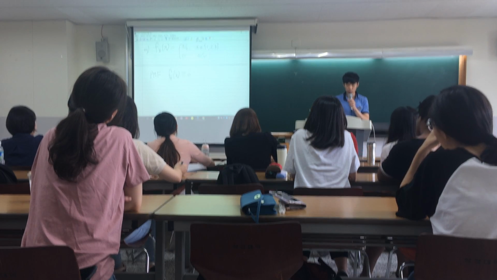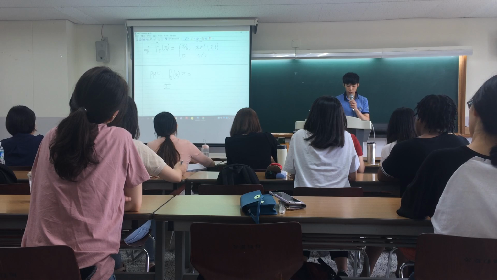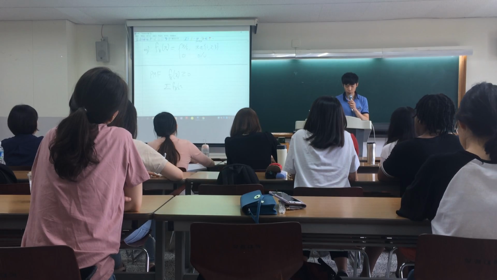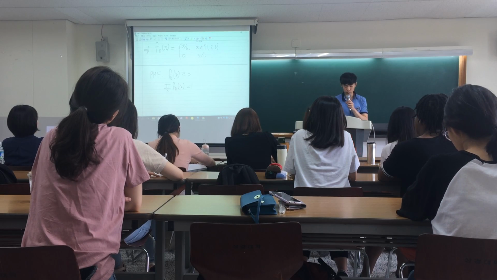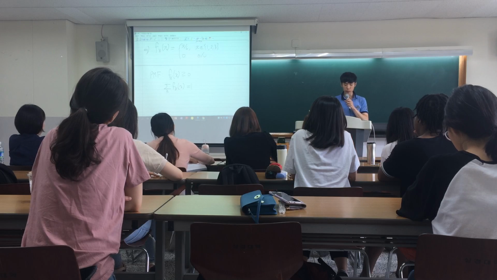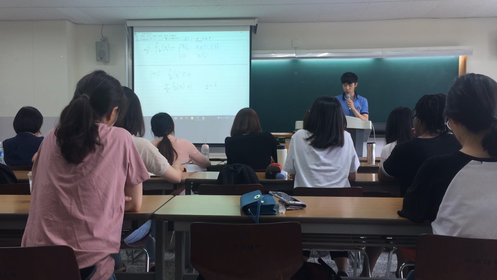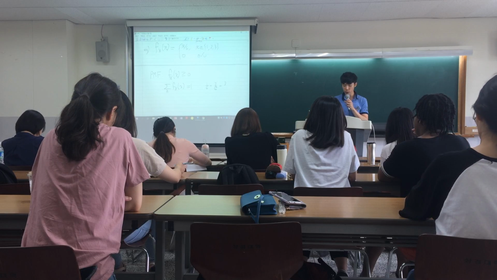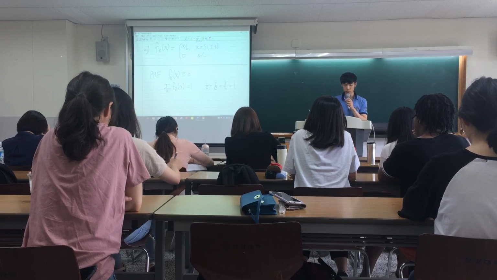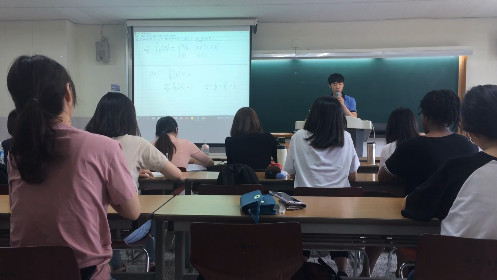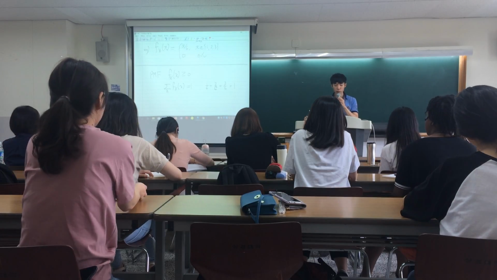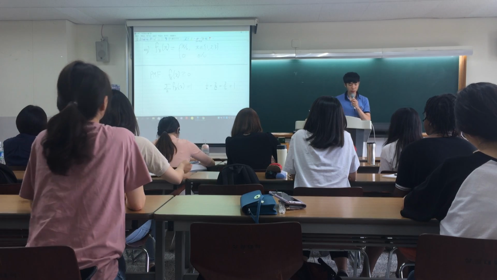And also, we need the sum of all values to equal 1. Okay, let's check that this is 1. Well, obviously, 1/6, 2/6, and 3/6 add up to 1, right? So this is a probability mass function, and it's 0 everywhere else, so it adds up to 1.